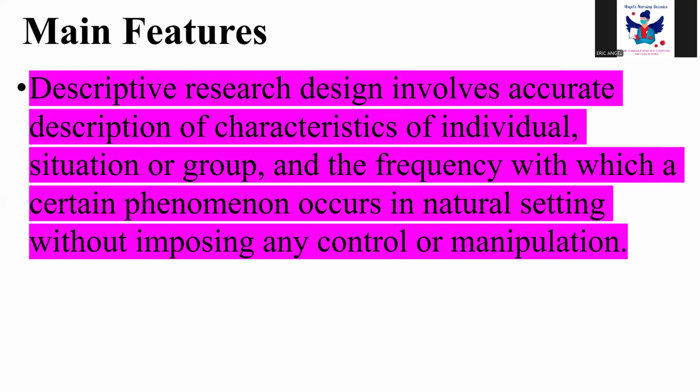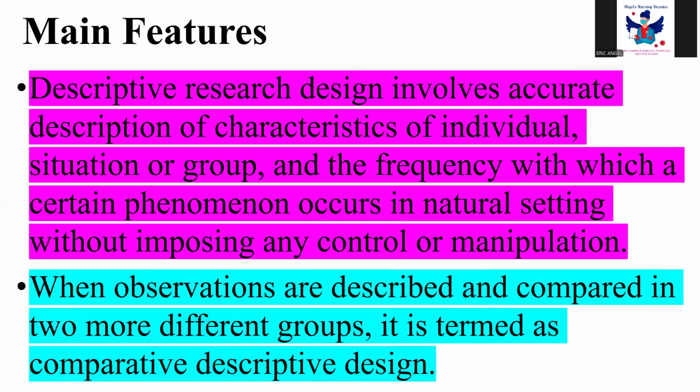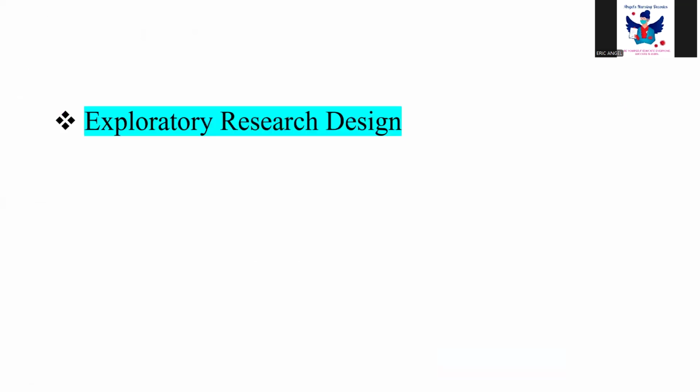The main feature of descriptive research design is that it involves accurate description of characteristics of individual, situation or group and the frequency with which a certain phenomenon occurs in natural setting without imposing any control or manipulation. When observations are described and compared in two or more different groups, it is termed as comparative descriptive design.